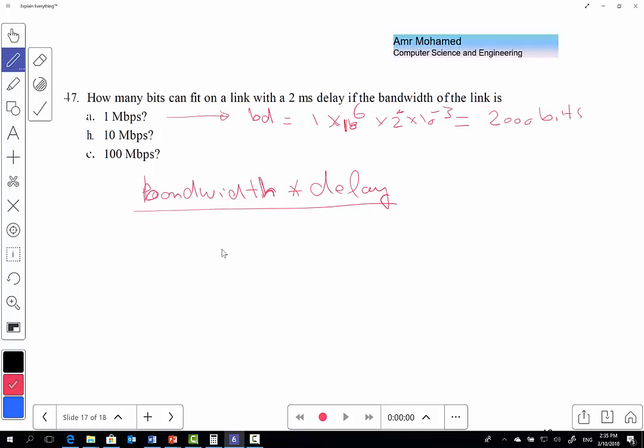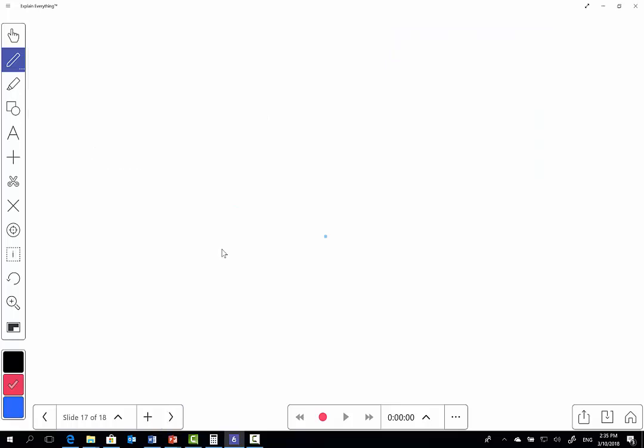And of course, if we multiply the bandwidth by 10, this leads to 20,000 bits. If we multiply it by 100, so that's 200,000 bits. So this is the bandwidth delay product, or the number of bits that can fit on the transmission line.